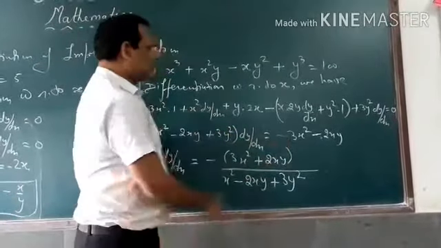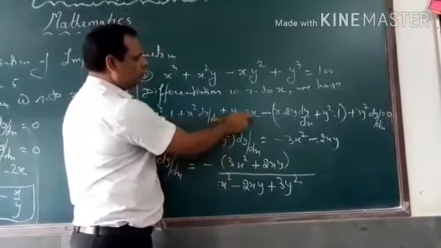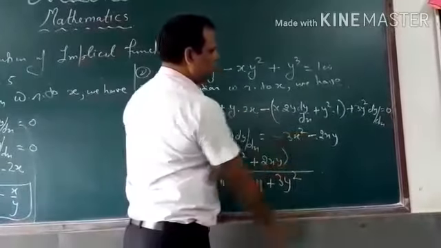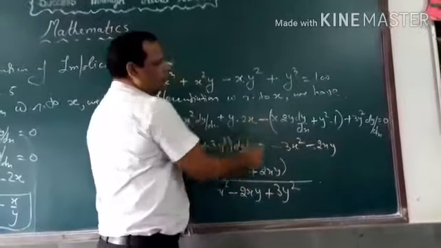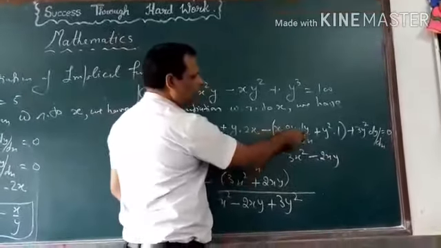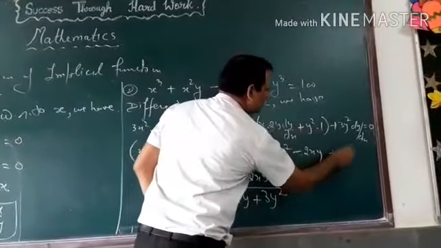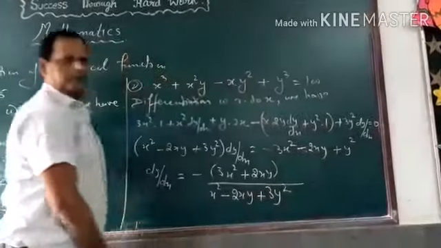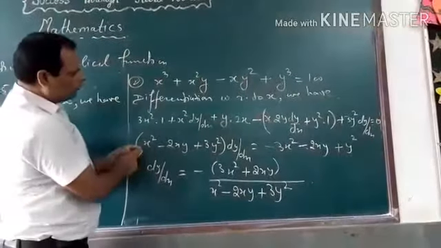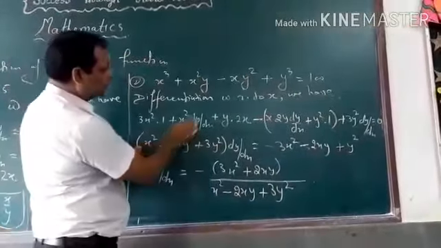So 3x square becomes minus 3x square. This is also positive 2xy, so it becomes minus 2xy. Now see this value, minus is multiplying these two values, so this becomes minus y square, and on the right hand side it is plus y square.